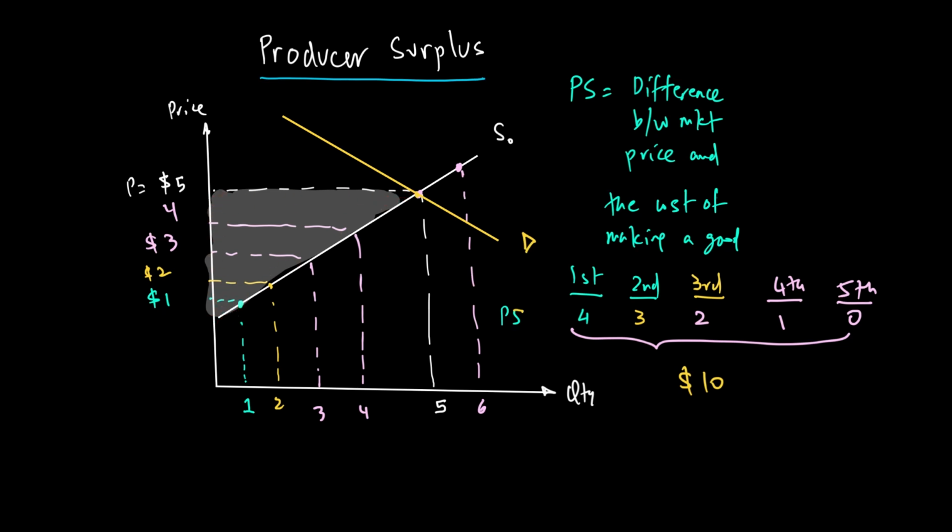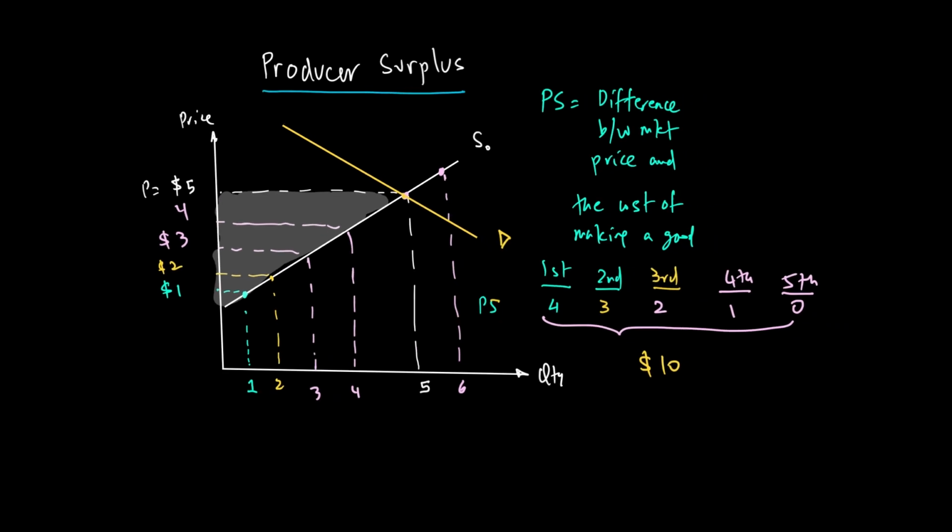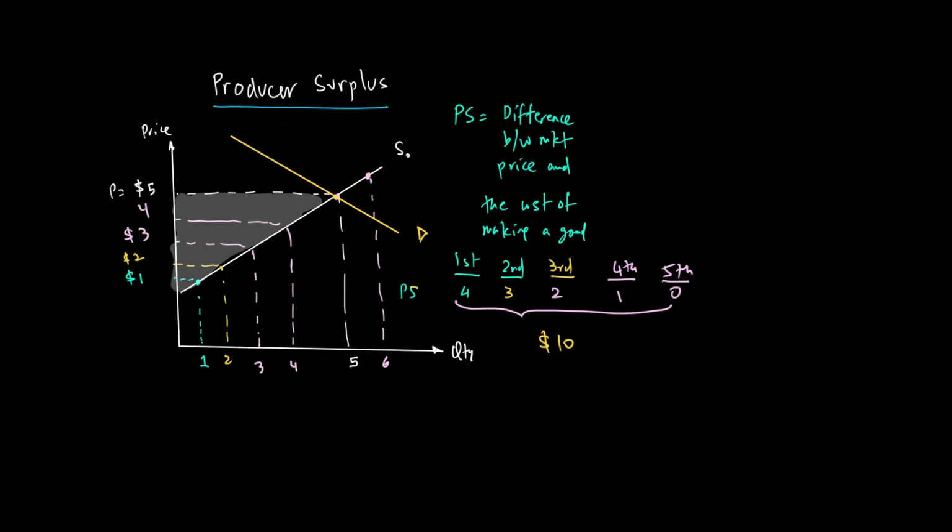So just like the area under the demand curve above the market price is my consumer surplus, the area above the supply curve below the market price is my producer surplus. And that's telling us that whenever the price is greater than the cost of making the good, the producer will be happily supplying the good.